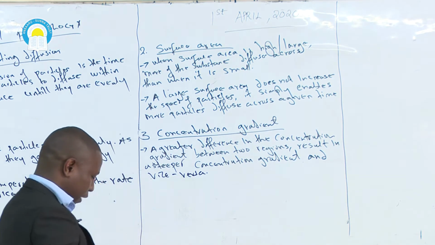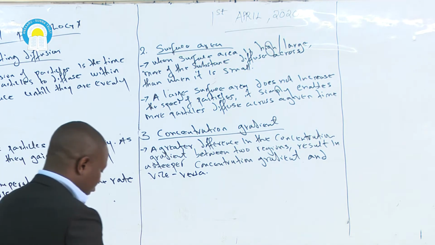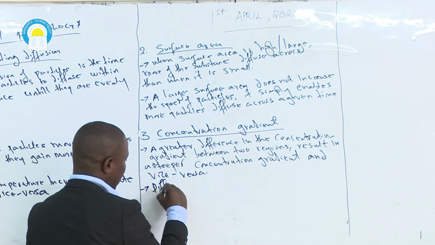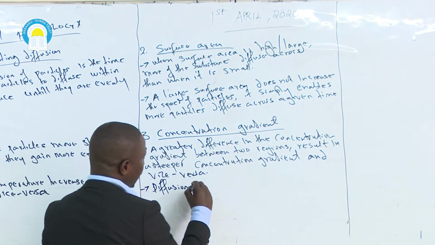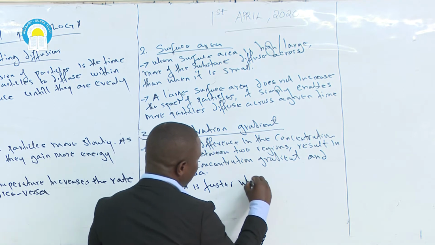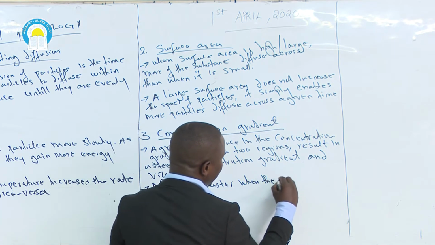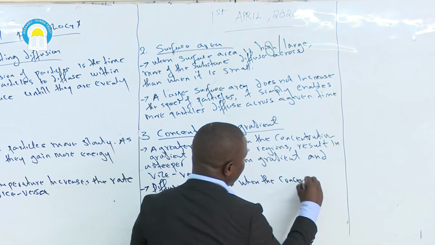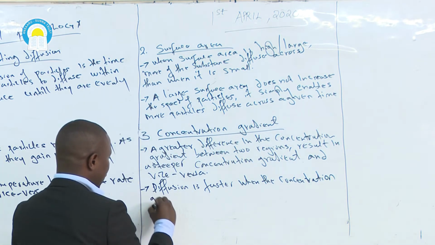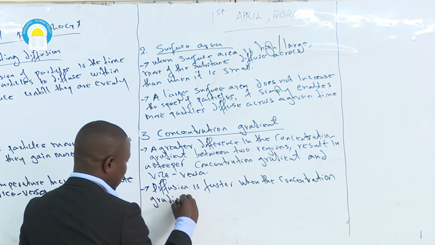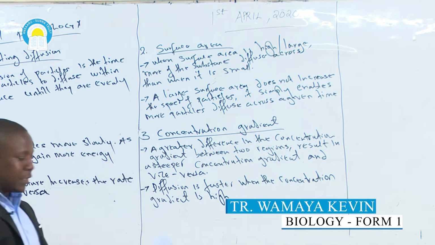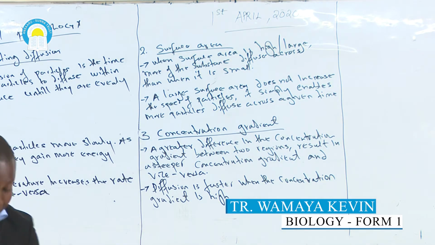Diffusion is faster when the concentration gradient is high. And I'll demonstrate using a diagram here.